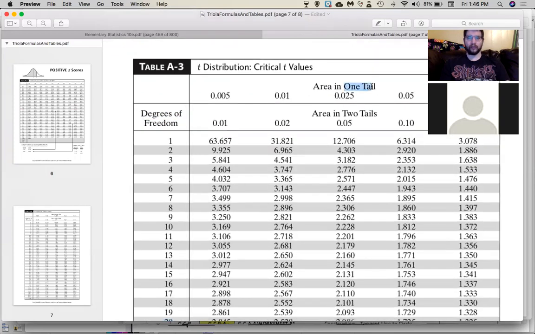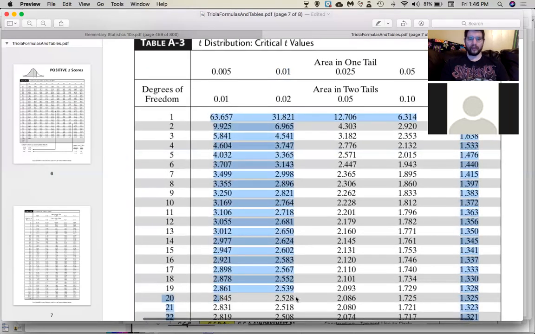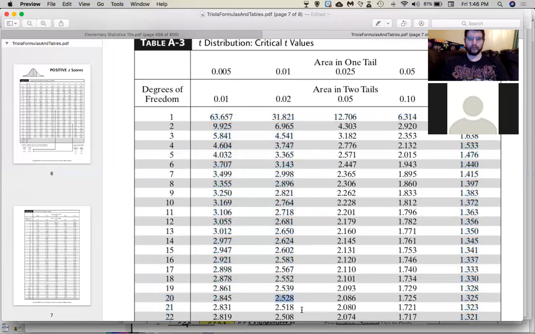Right is one tail. So this column, this row, that makes it this value right here, 2.528. So degrees of freedom gives you the row number. Your alpha value gives you your column number. Any other questions? Nope, I got it. Cool.